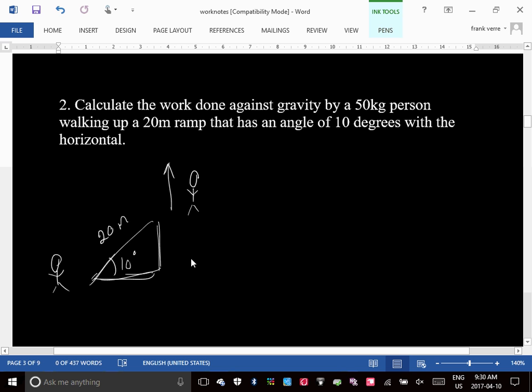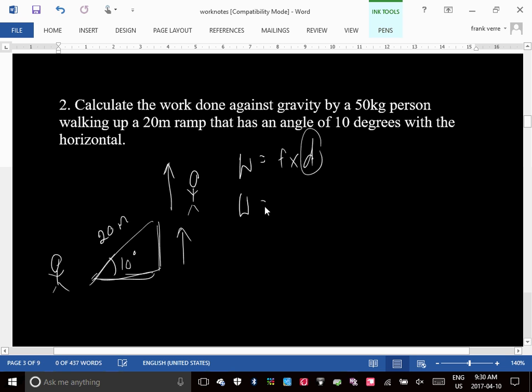We need to think about this component. So when we calculate work as a function of force times distance, we can't use any distance. Because if we're talking about the work against gravity, and that's pointing up, then we need that parallel component, which is, in this case, the vertical component of this ramp.